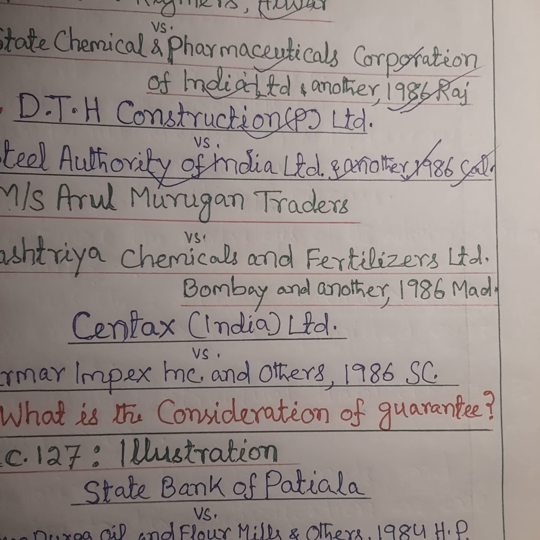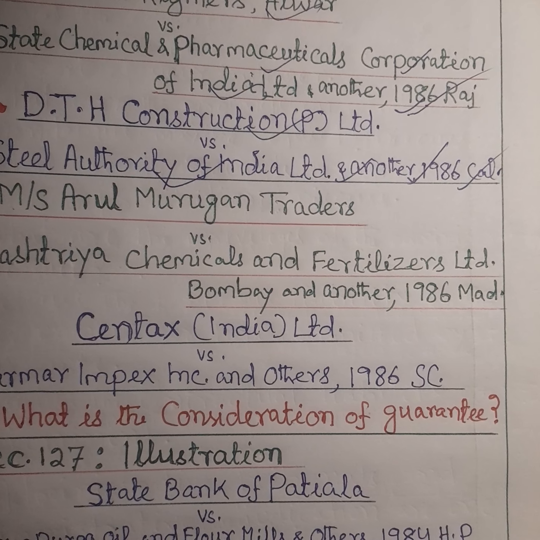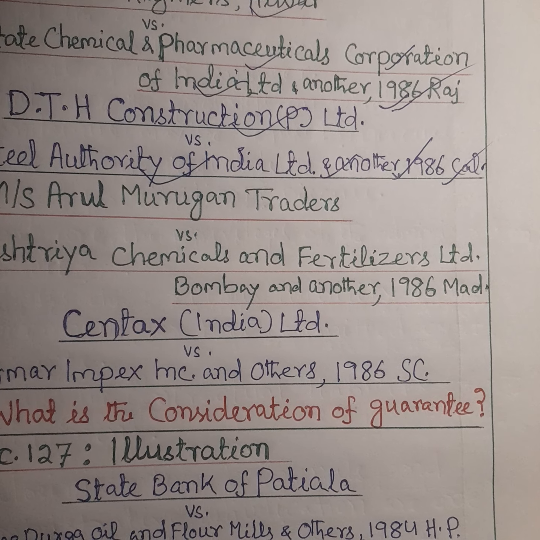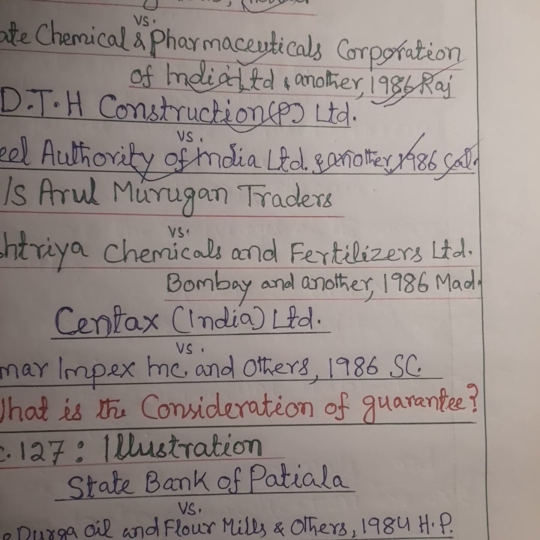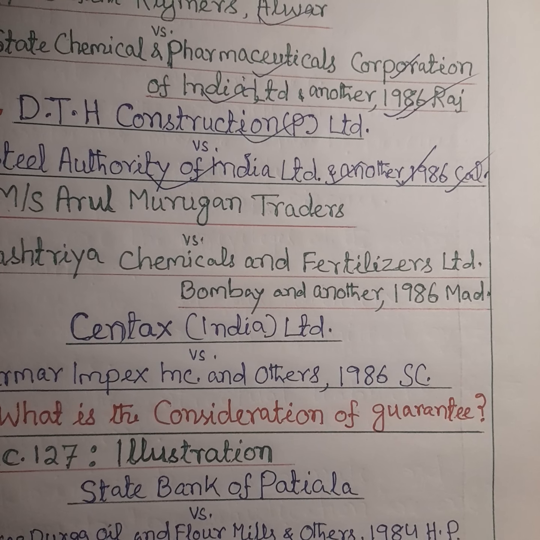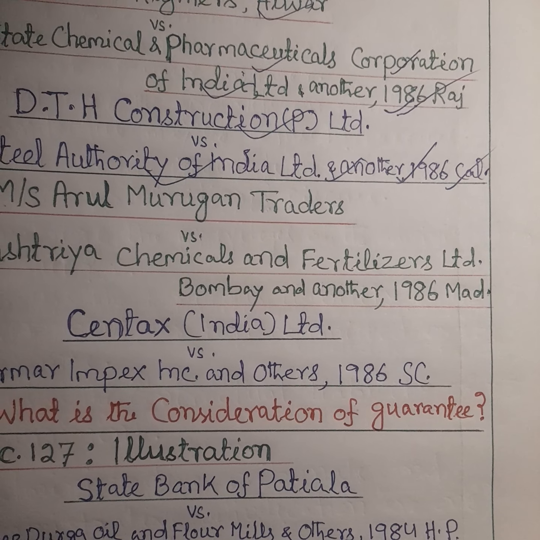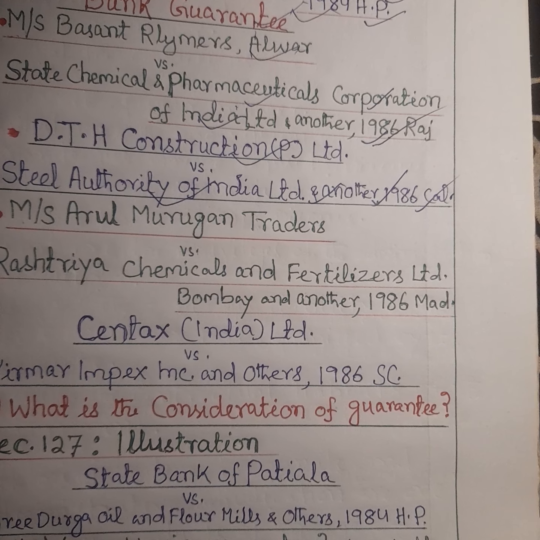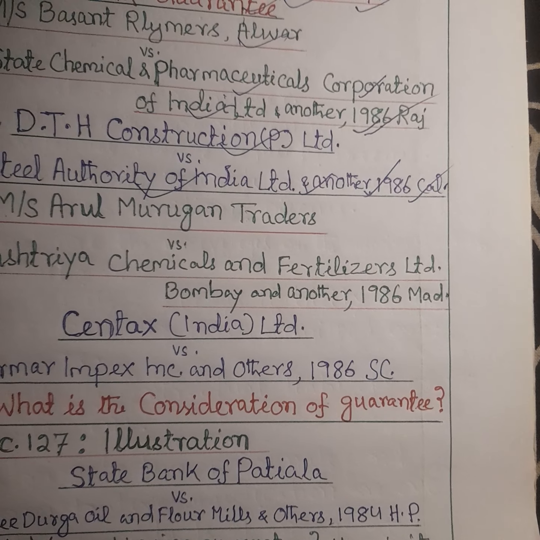If the bank has understood the purpose of the notice, then the bank cannot say that there has been no statement in the notice that the beneficiary has suffered loss or damages on account of the defaults committed by the person on whose behalf the guarantee was given.